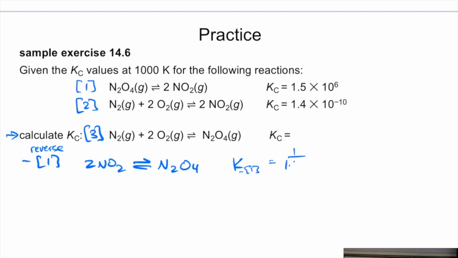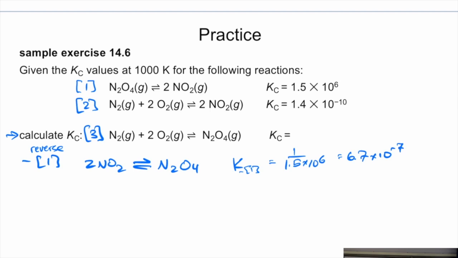So it's 1 over 1.5 times 10 to the 6th. So that's going to be something times 10 to the minus 6th or 10 to the minus 7th. Let's see. 1.5 times 10 to the 6th inverse. 6.7 times 10 to the minus 7th.